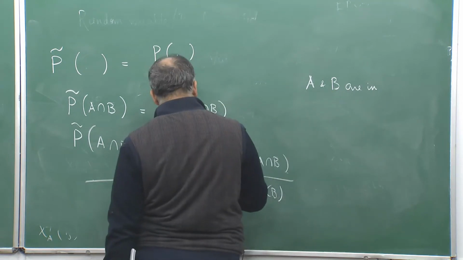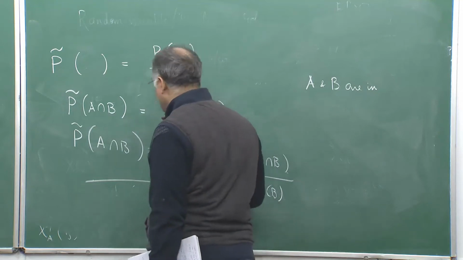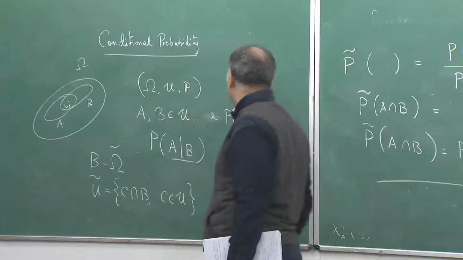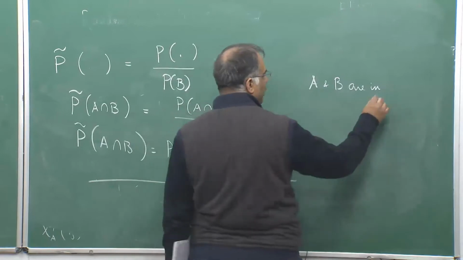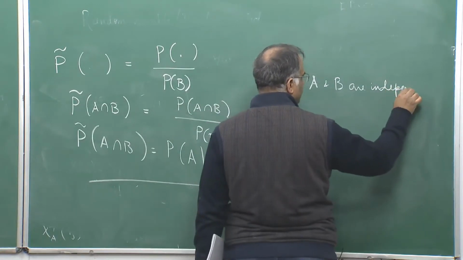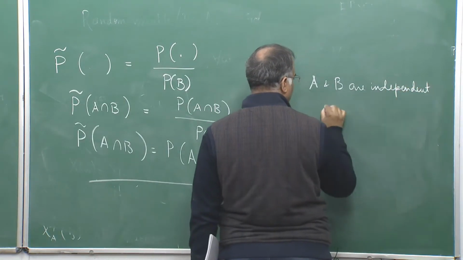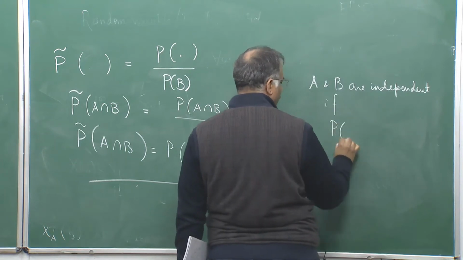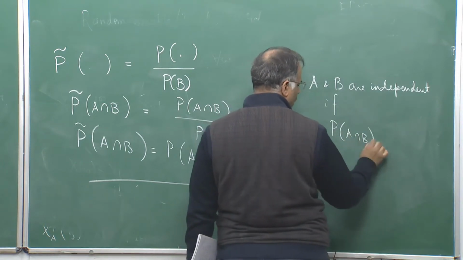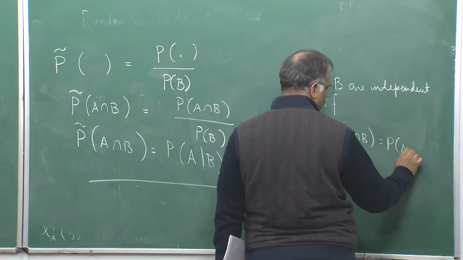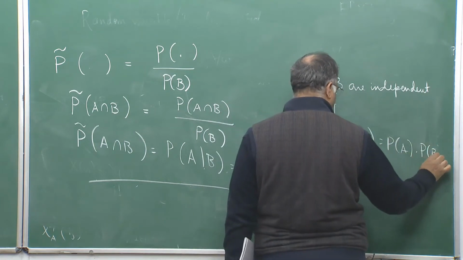Here the probability of occurrence of one affects the probability of the other because the sample space gets completely changed. So A and B are independent if probability of A intersection B is probability of A times probability of B.